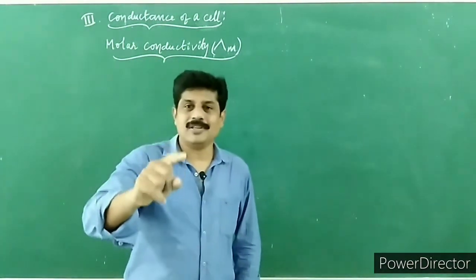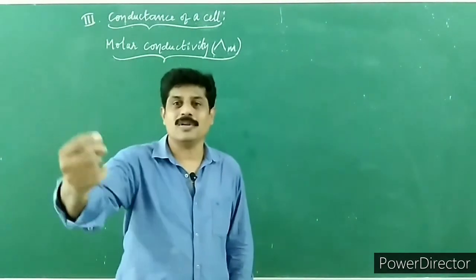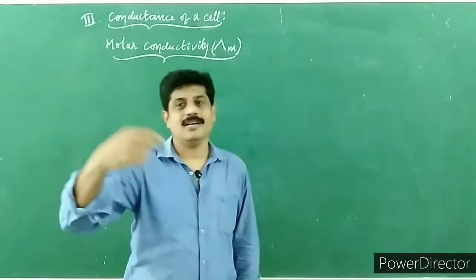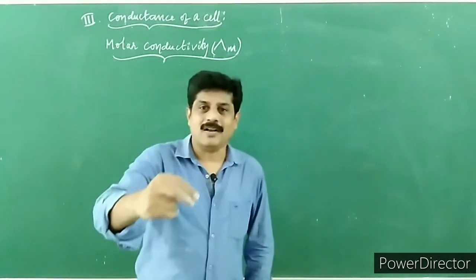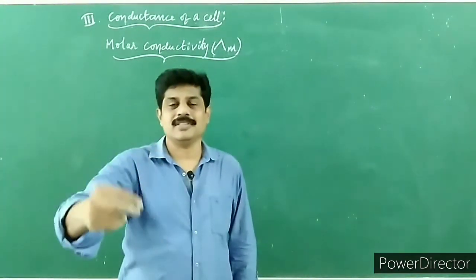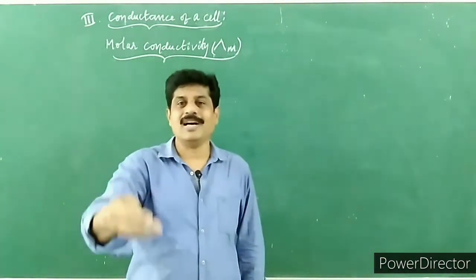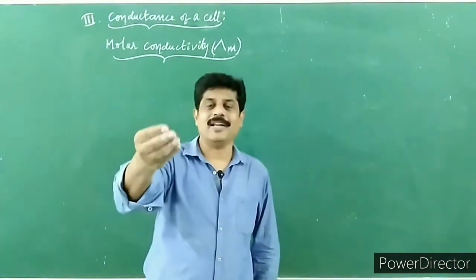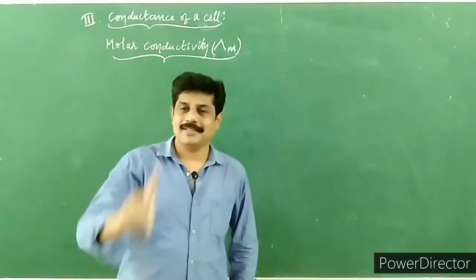Remember, the higher the concentration of the solution of an electrolyte, the higher is the conductivity of that solution. That means if the concentration of the electrolytic solution is high, more ions will be there. The more ions in the electrolytic solution, the more is the electrolytic conductivity of that electrolyte.